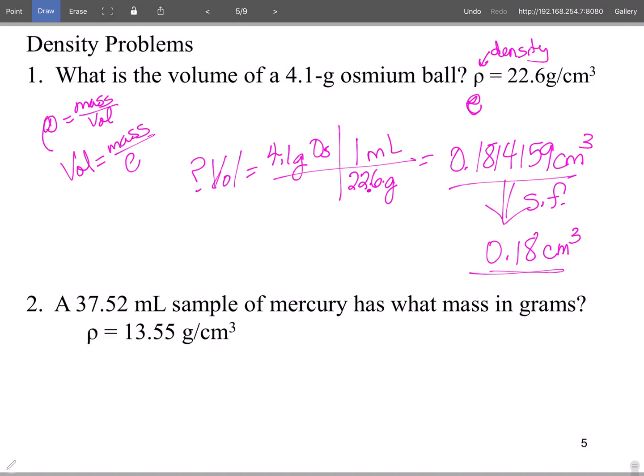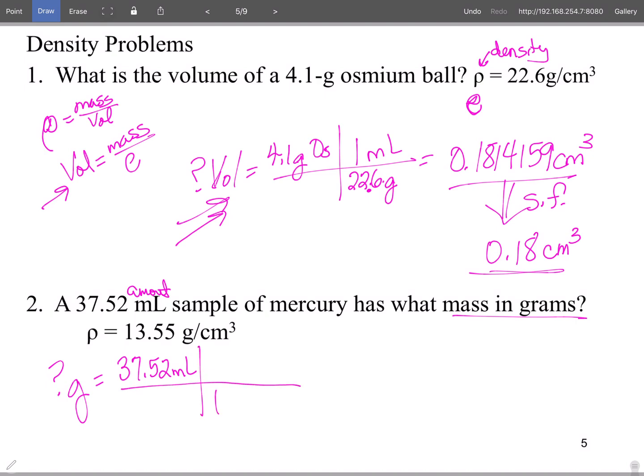Again, you could use this technique or this technique. I'm trying to trend towards this one because this is what we're going to use later. On this one, we want the mass in grams. We start with our amount, which is 37.52 milliliters. This is our amount. And remember, density is never an amount unless you're just converting factors on it, because it's a conversion factor. So we know that 1 milliliter is equal to 1 cubic centimeter.